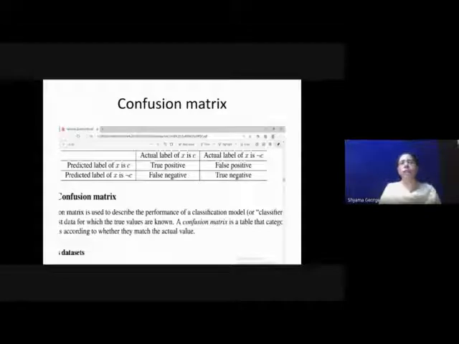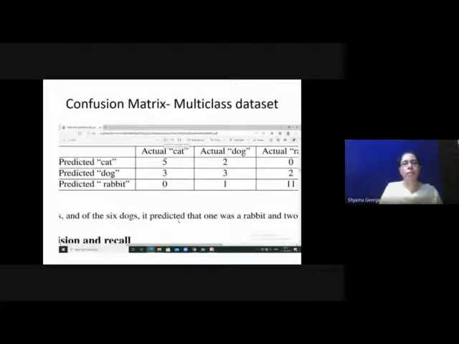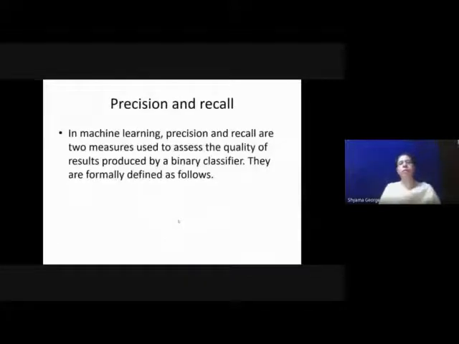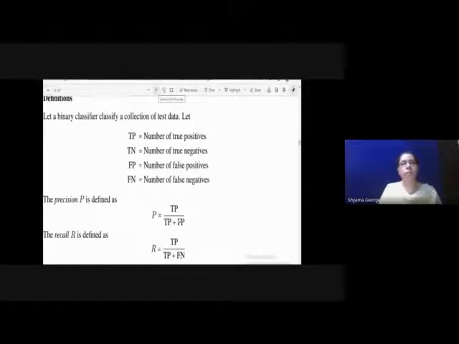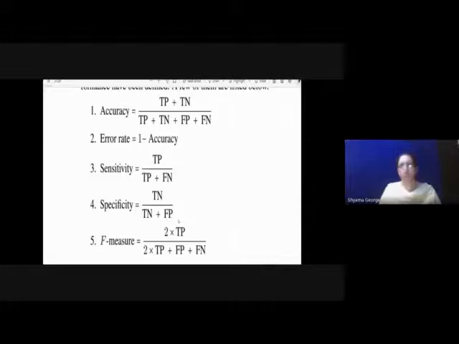Based on these values, we can find out the precision and recall, and the formulas for precision and recall we have already studied. And there are other measures which we have already studied: accuracy, error rate, sensitivity, specificity, F measure, etc.